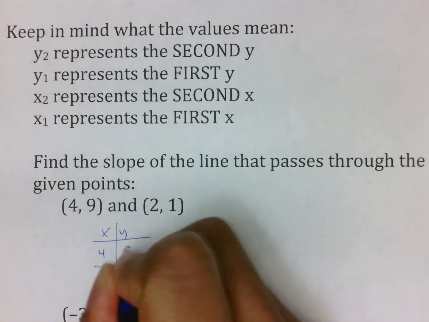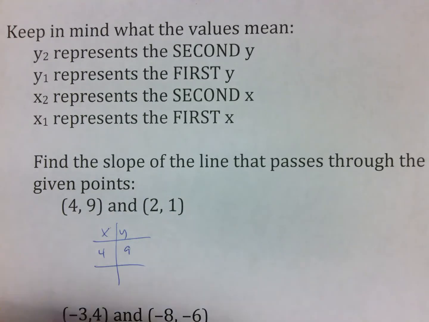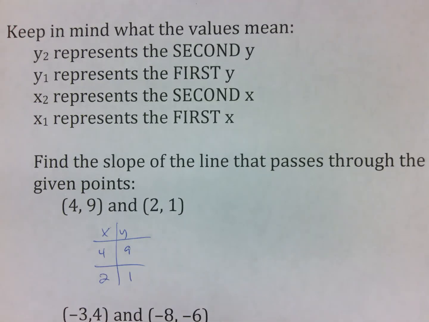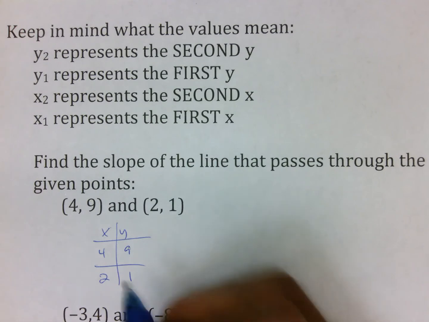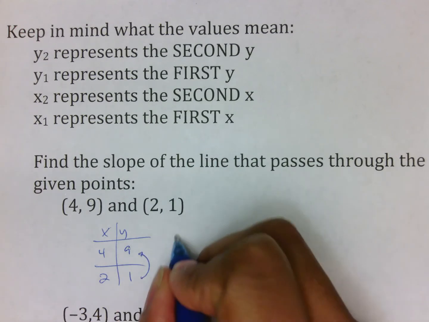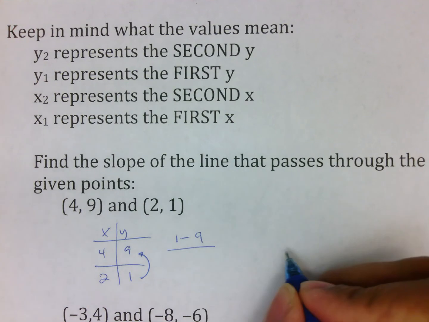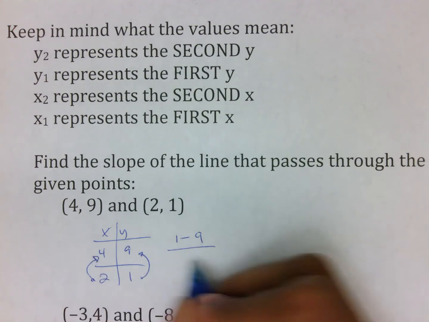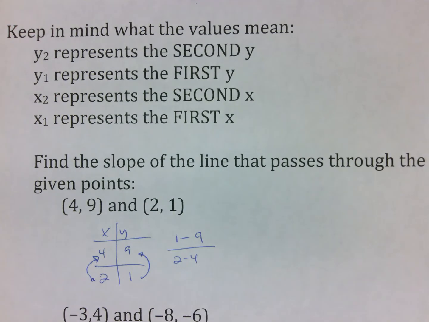So 4, 9 was my first point, and 2, 1 was my second point. These are my x's, these are my y's, and when I go to do y2 minus y1, we always start here and do that one minus that one. So it was 1 minus 9 on the top, and then we start on the bottom on our second x and did this minus that, which was 2 minus 4 on the bottom.